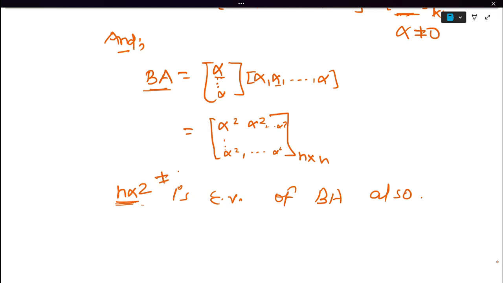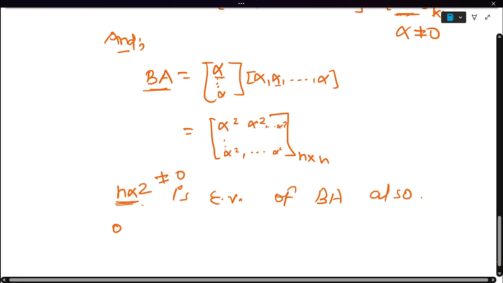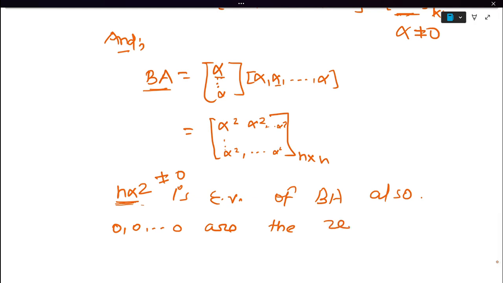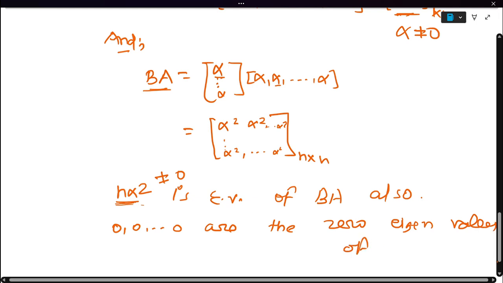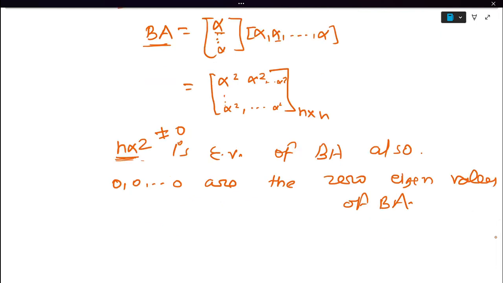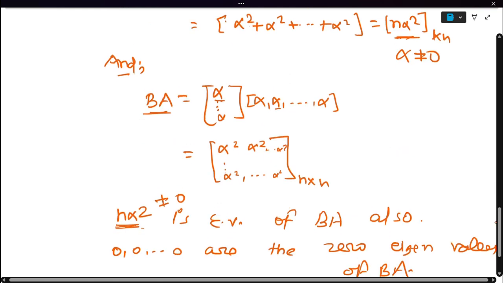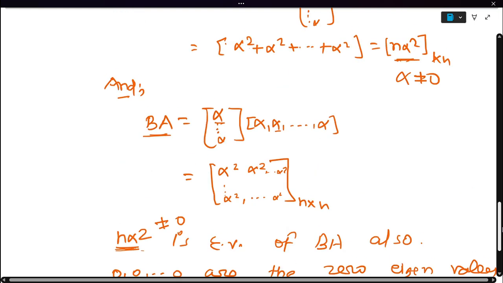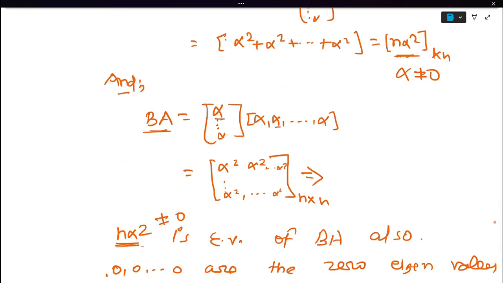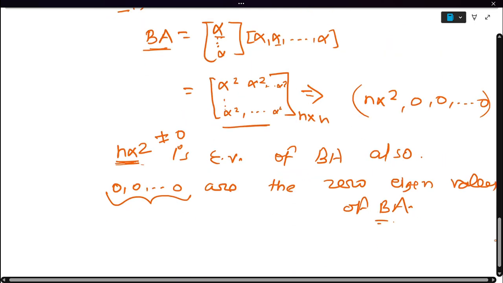The other eigenvalues of BA are zeros, because the only non-zero eigenvalue is n alpha square. So we have found all eigenvalues of this type of matrix: n alpha square and 0, 0, up to 0. Thank you for watching.